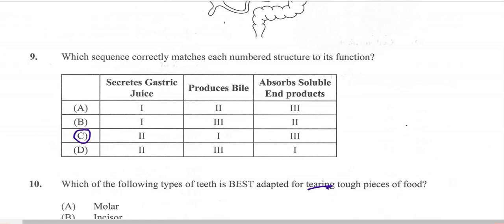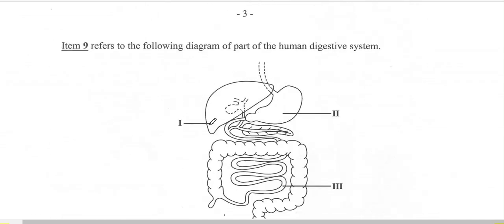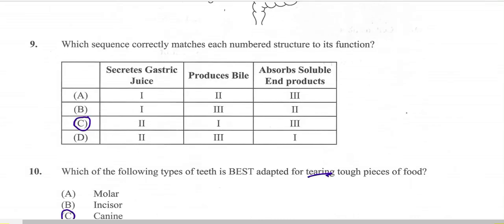So for a secretion of gastric juice, of course, gastric juice is going to come from the stomach. And of course, bile is going to be produced in the liver and absorption in the small intestine. So that is going to be 2, 1, and 3. So 2, 1, and of course 3, which makes the answer for question number 9 C.